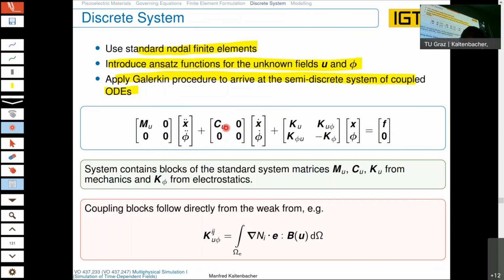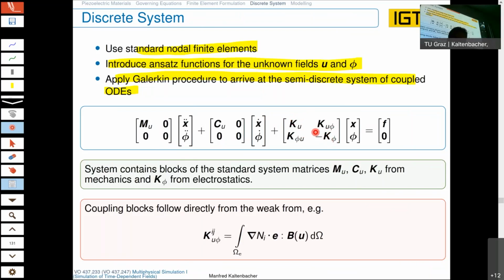We can also model any damping, pure mechanical damping. And then you see all the coupling comes up in the stiffness matrix, where we have the stiffness matrix of the mechanical system, the stiffness matrix of our electric system, and the couplings.